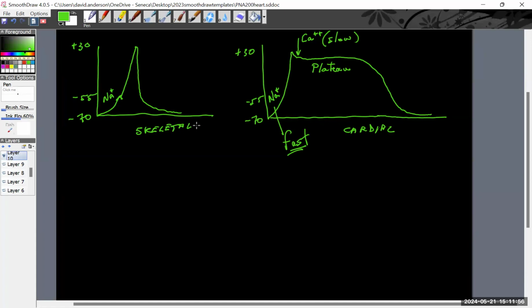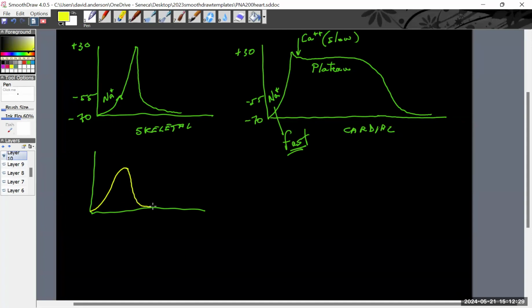So what that ends up looking like in our contraction phase is that for our skeletal muscle, the time for a contraction is going to sort of mimic the action potential. So we had a very fast action potential that was short-lived, and we went back down to base pretty quick. And our contraction cycle will give us a little bit of the same sort of thing.